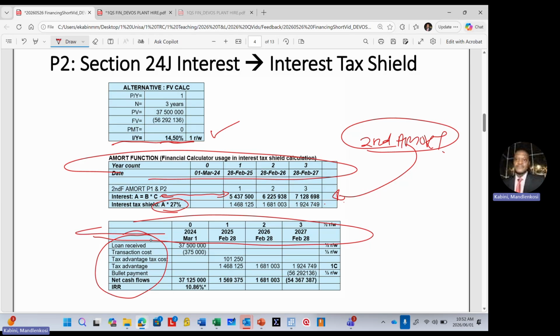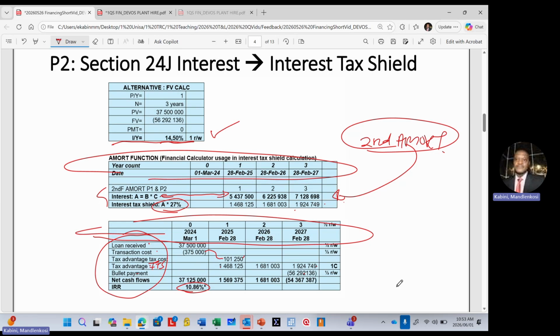You can see we've got the loan, the transaction cost, the initiation cost of the loan, the tax benefit on the initiation costs, the tax advantage, which is the interest tax shield based on Section 24J, and then the bullet payment. Then we calculate our IRR, which is 10.86.